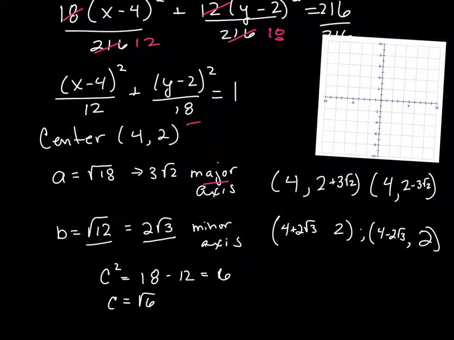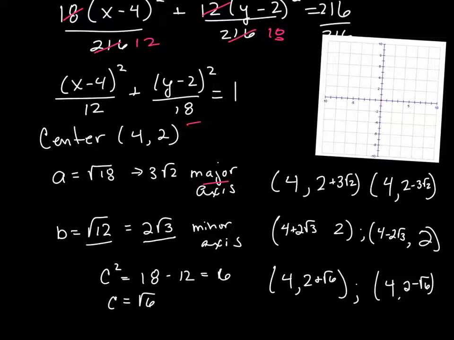So the foci move along the same axis as the major axis, so that means the x value is staying the same. And again, that's because the major axis is in y, and then I am just taking the y value of the center, so it's going to be 2 plus the square root of 6 for one of the foci, and the other one will be 2 minus the square root of 6.